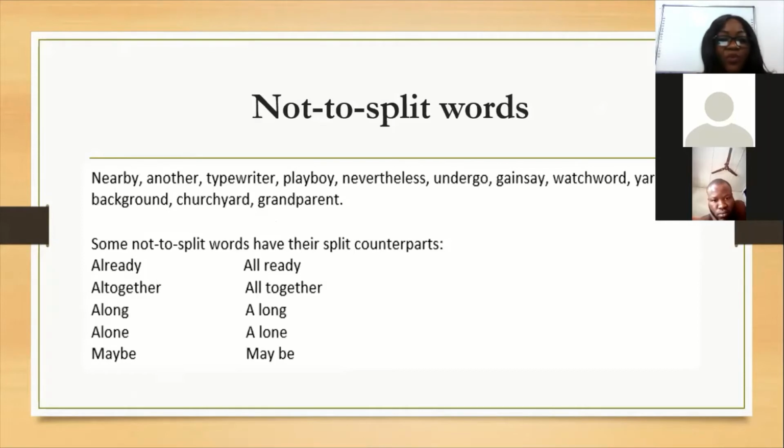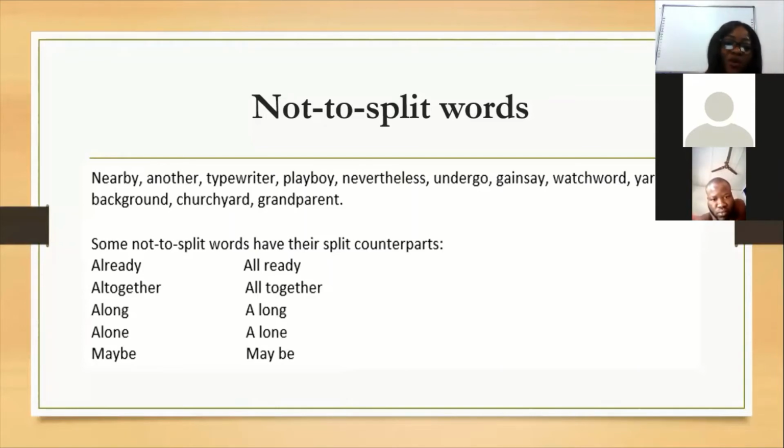We also have some words that should be split and other words that should never be split. We have nearby, which should always appear together. We have another, typewriter, playboy, nevertheless, ingot, gainsay, watchword, background, churchyard, grandparents. Now, you do not split these words.